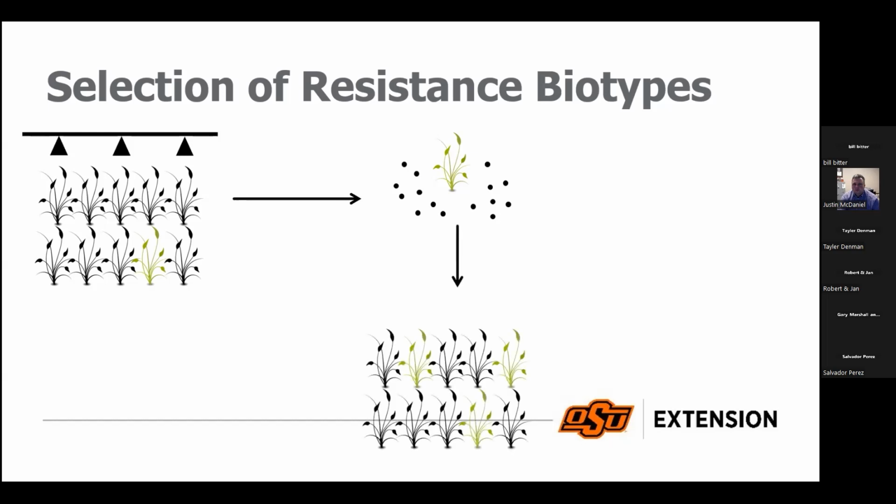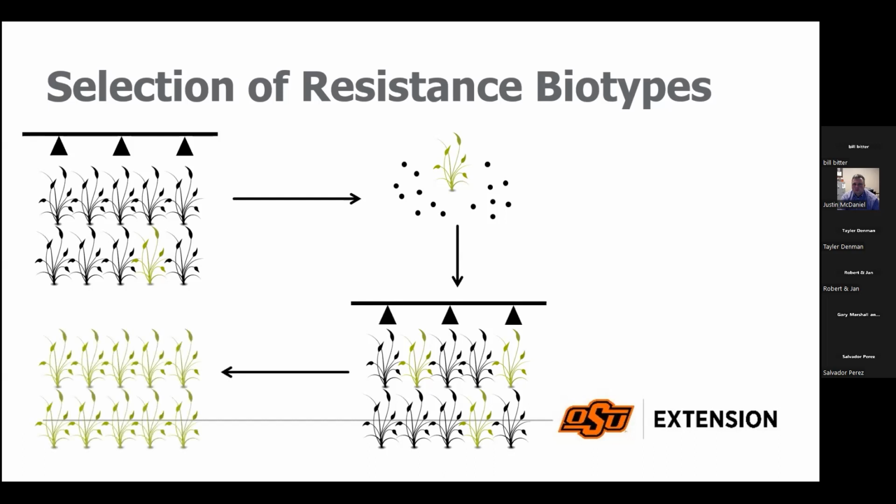Of those 50,000 seeds, you may have one, you may have none, or you may have two or three plants that inherit that genetic mutation. And so then you end up with a few more plants that have that mutation for herbicide resistance. Say you spray again, and it's the same sort of thing.